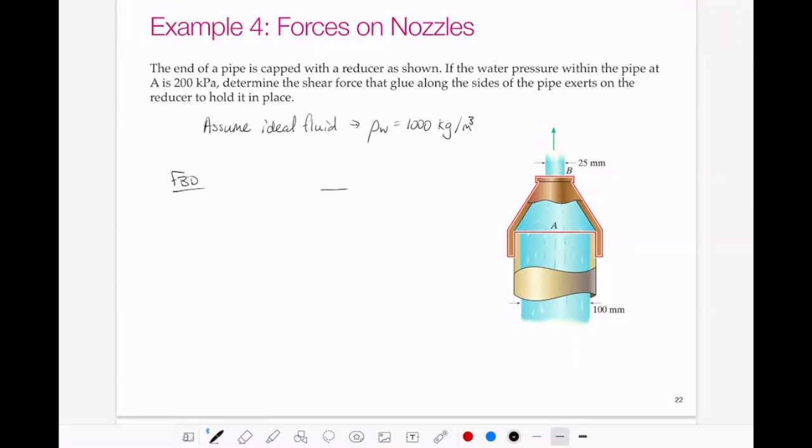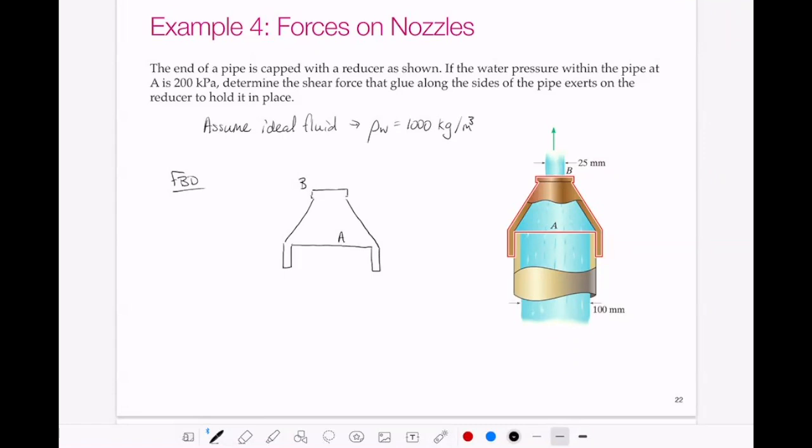So we have our nozzle. We have point B up top. We have A down below.